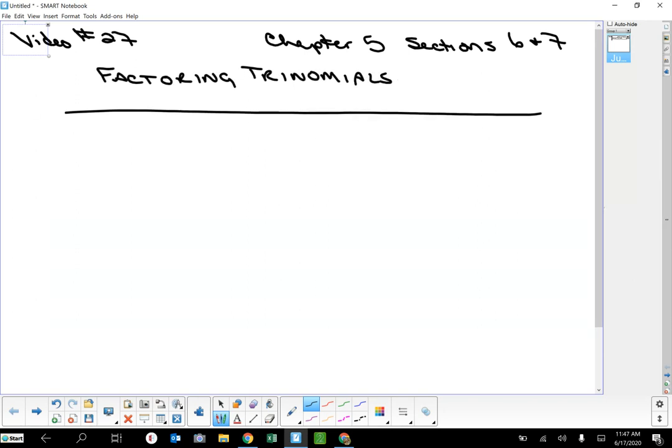I mentioned before that when you're factoring, you're always going to check for a GCF. I'm going to do a few problems here that don't have one first, and then we're going to add a GCF so that you see what that looks like.